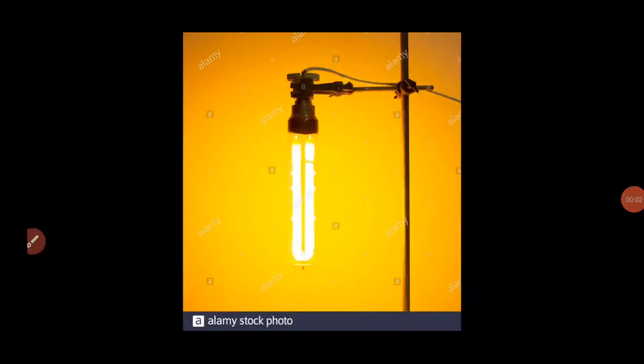An artificial source of composite light is, for example, the mercury vapor lamp. Students, the mercury vapor lamp also consists of different colors when we observe through the prism. So here is another question: what do you observe when a white light, for example a mercury vapor lamp, is refracted through a glass prism?